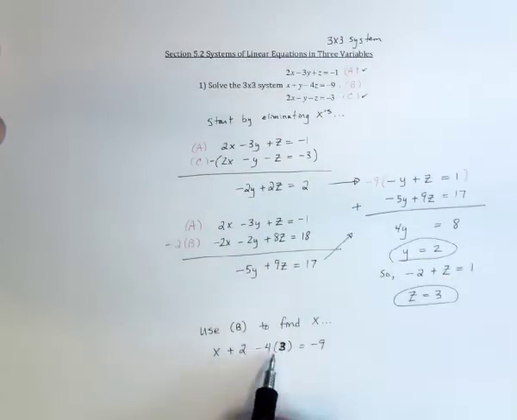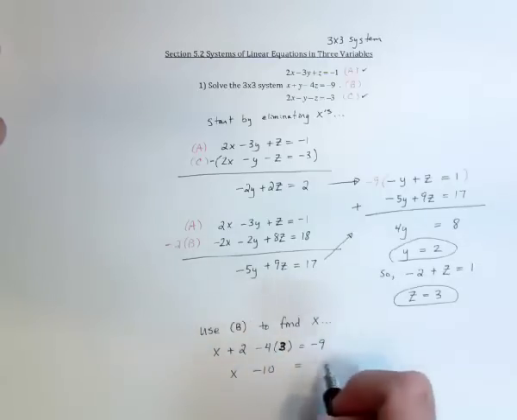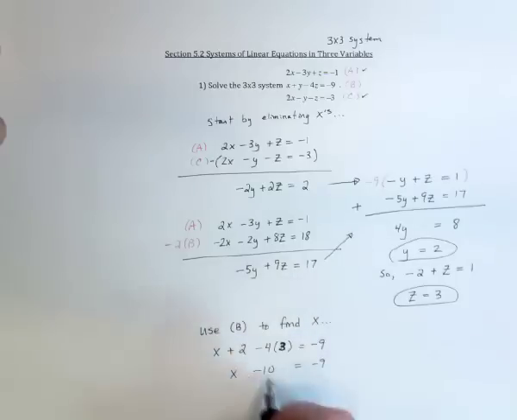So this is going to be a negative 12, with a positive 2 is a negative 10, equals negative 9. And so add 10 to both sides, and x is equal to a 1.